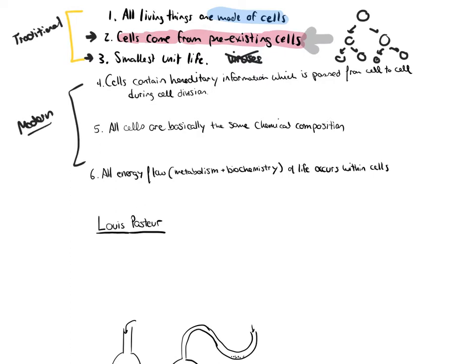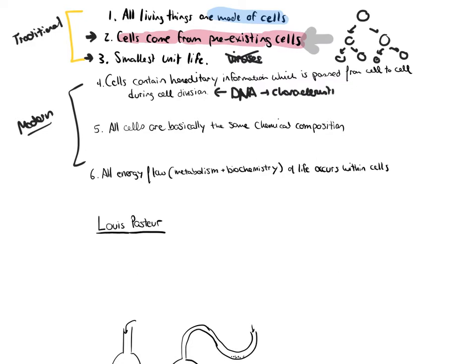The idea that all cells contain hereditary information came in with the discovery of DNA. This is why you look like your mom and your father, or you're similar to your sister or your brother, simply because you share the same DNA, which controls the characteristics.